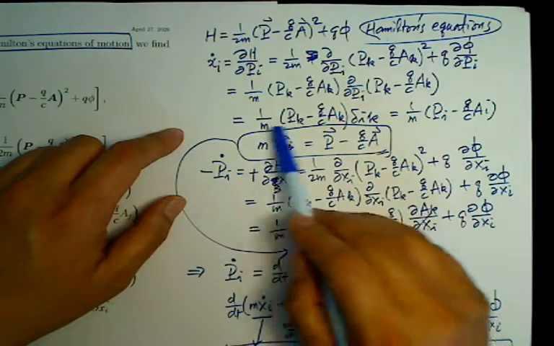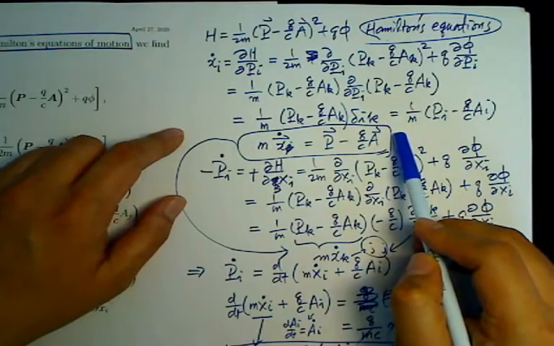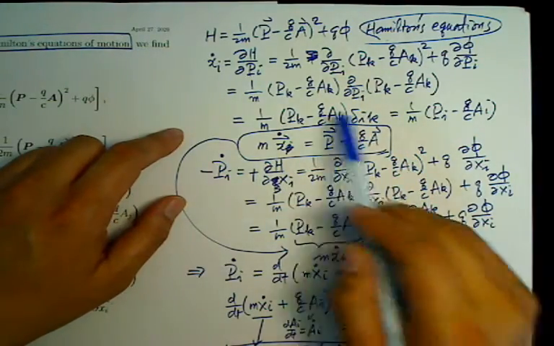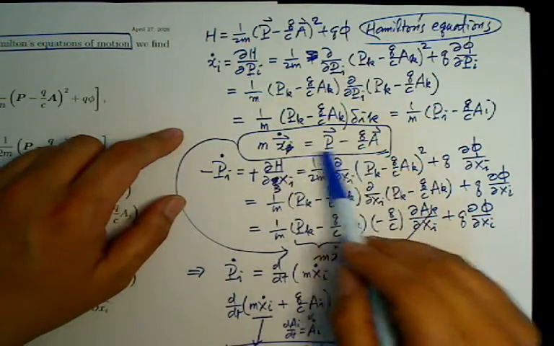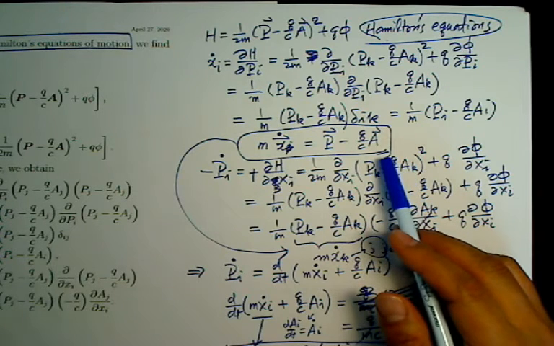Therefore, this is equivalent to what we have obtained with the Lagrangian. We have obtained the conjugate momentum, and that is the first equation. The first Hamilton's equation is just the definition of the conjugate momentum p.